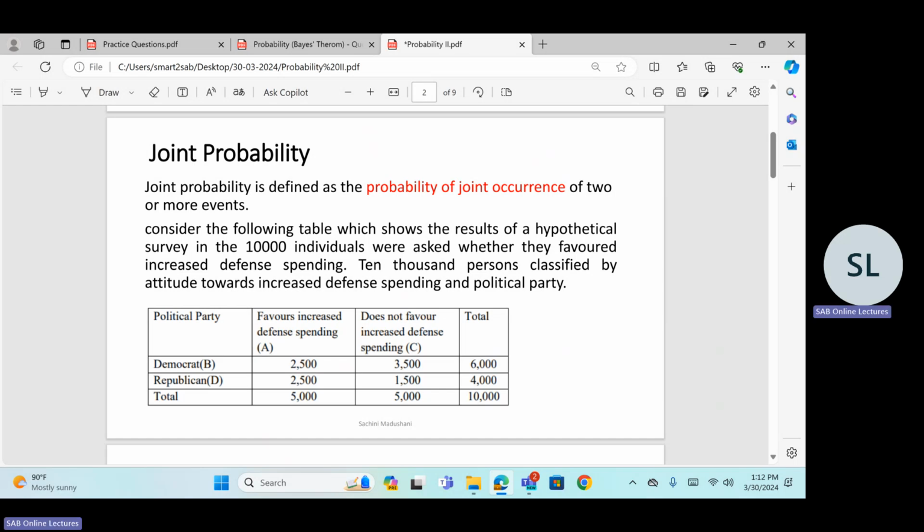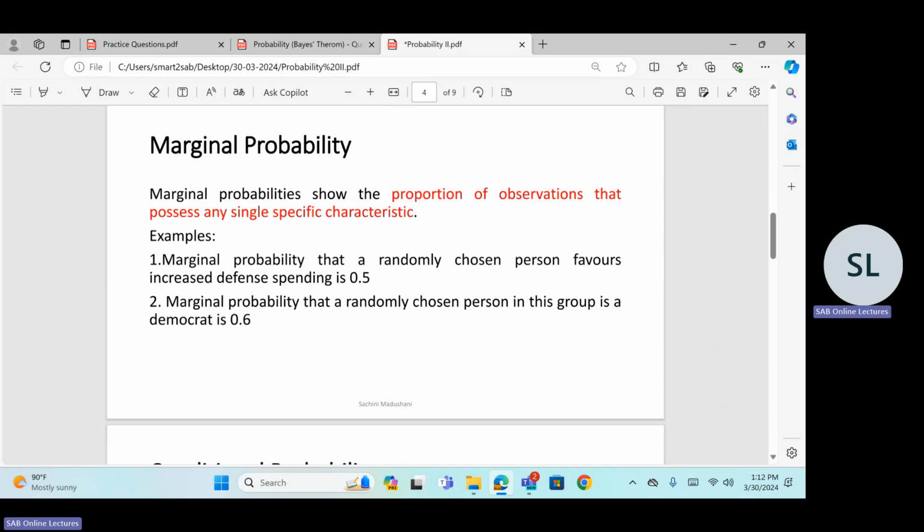Okay? Then the other concept we call marginal probability, the opposite of joint probability. In marginal probability, we take the probability value of a single event. Always we are talking about only one event. Marginal probabilities show the proportion of observations that possess any single specific characteristic.